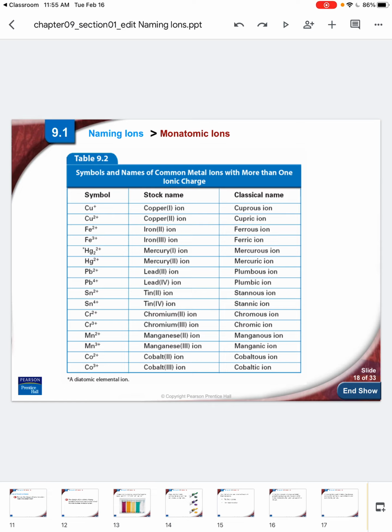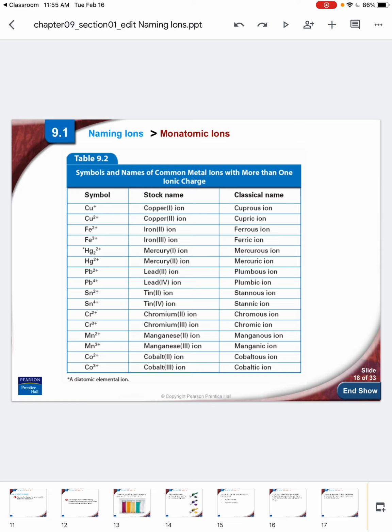And you might say, okay, cuprous is always less than "ic," so it must be one less. So cuprous is +1, cupric is +2. But then look at iron, ferrous and ferric. It's not +1 and +2, it's +2 and +3. It is true the "ic" ion, as in ferric or cupric, has a greater charge, but you can't assign it a specific value.